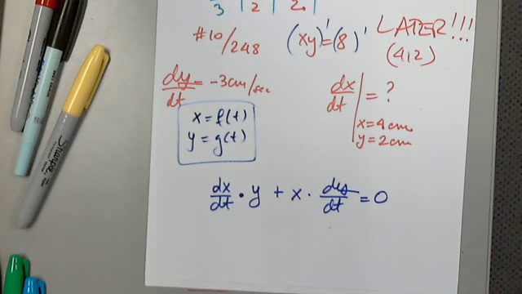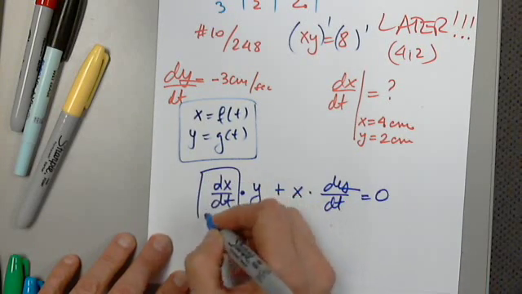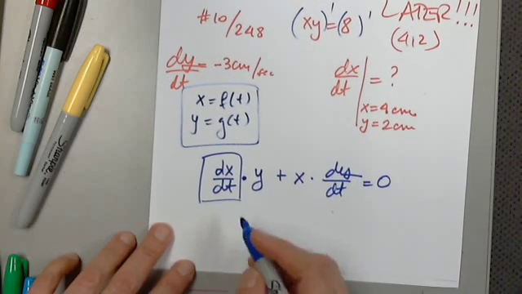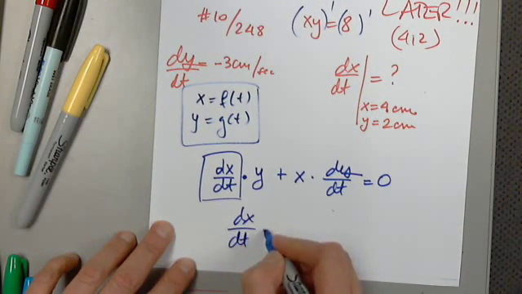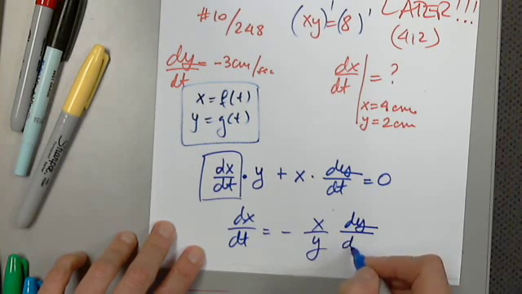We had something very similar, if you remember, with that person moving. Okay. So we are after dx over dt. I will subtract and divide by y. So dx over dt will be negative x over y times dy over dt.